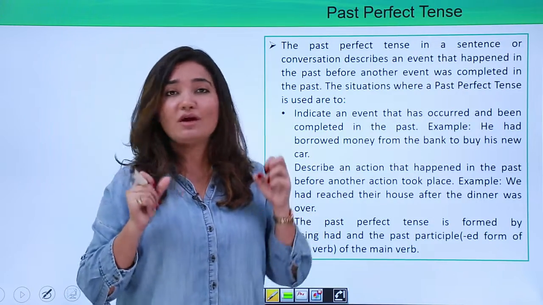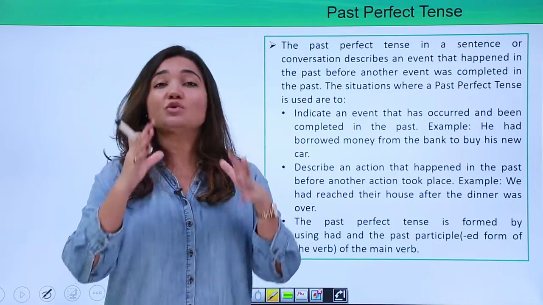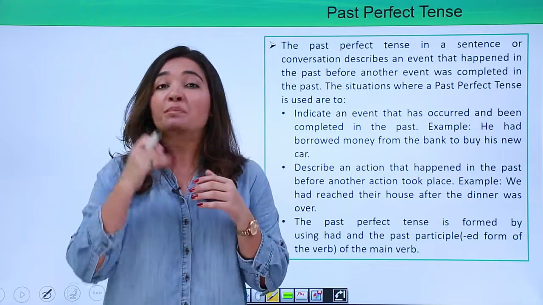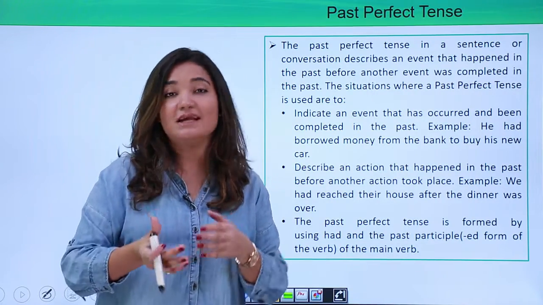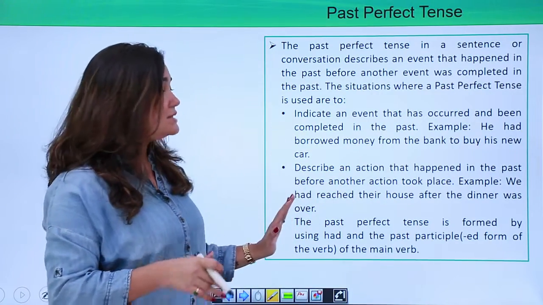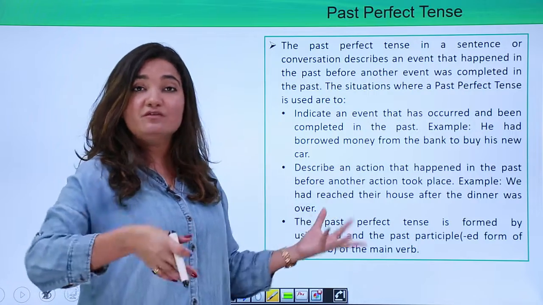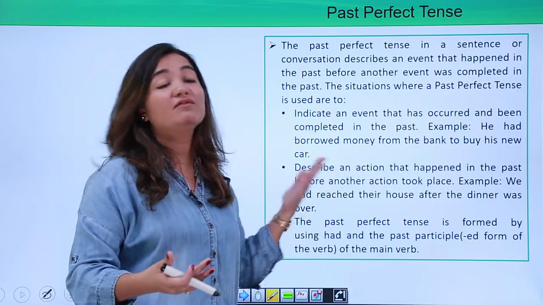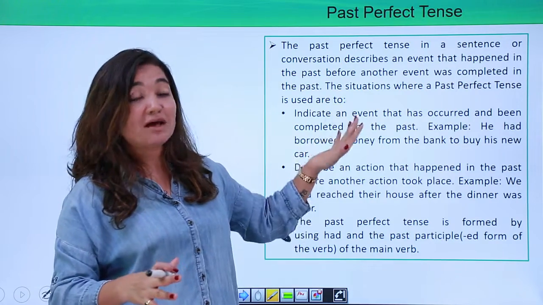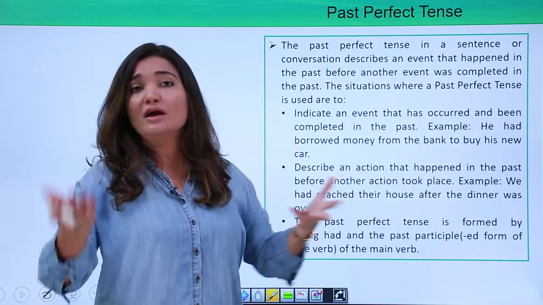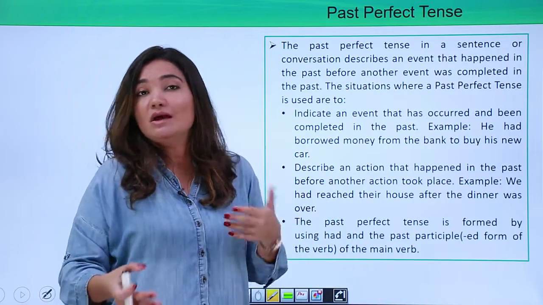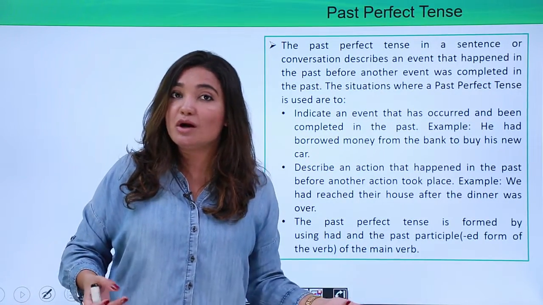I'll give you one very easy way to identify. Whenever you have a continuous form of the past tense, you'll have the ing form of the verb. But how will you recognize whether it is perfect or not? You'll recognize it by the fact that you don't have an ing form of a verb in past perfect tense, or for that matter, any perfect form of any tense.